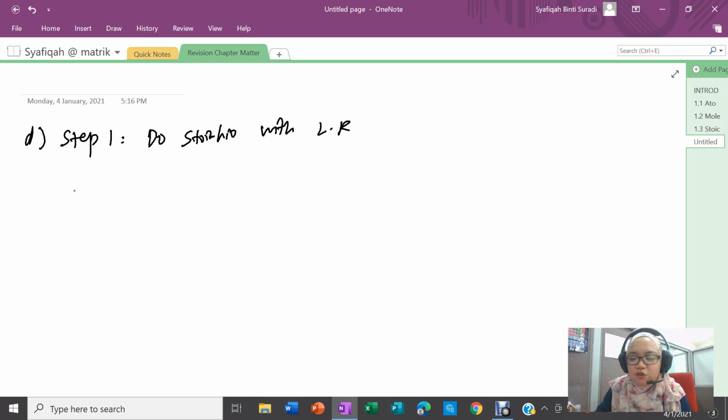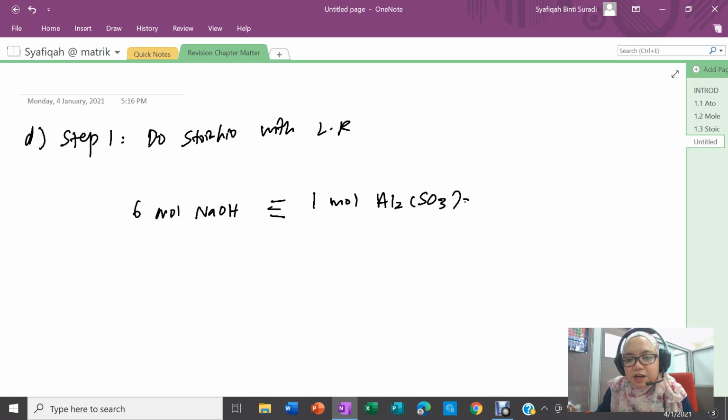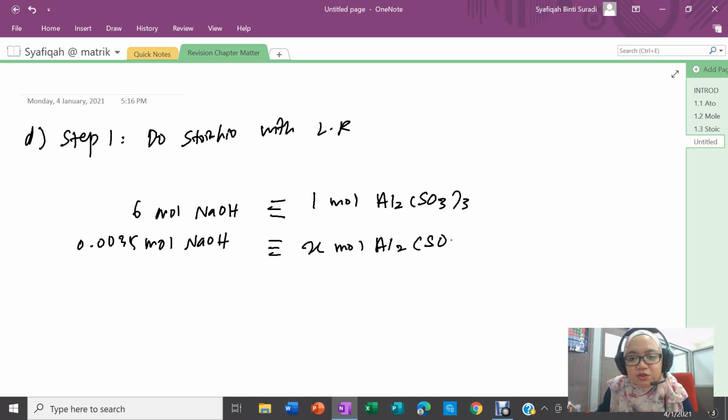So, for example tadi, from equation, 6 mole now akan react dengan 1 mole aluminium sulfide. Kan? Betul tak? Okay, ni from equation. So, you akan dapat yang available tadi, 0.0035 mole now yang available. Dia sebenarnya akan react dengan berapa je mole of Al2SO3.